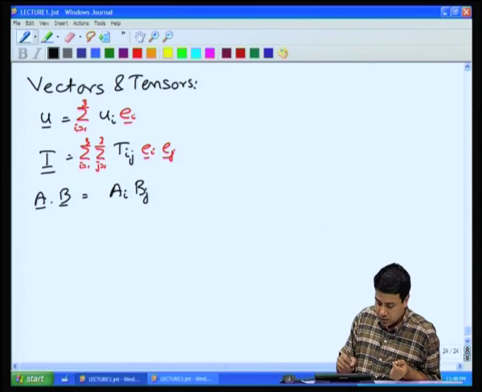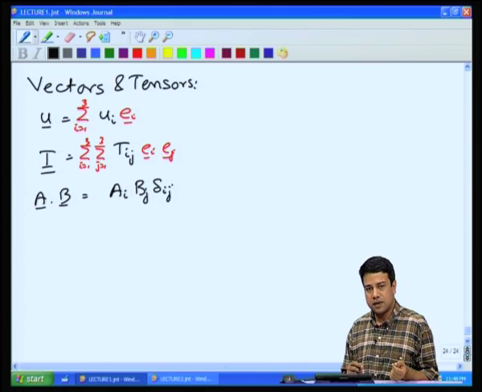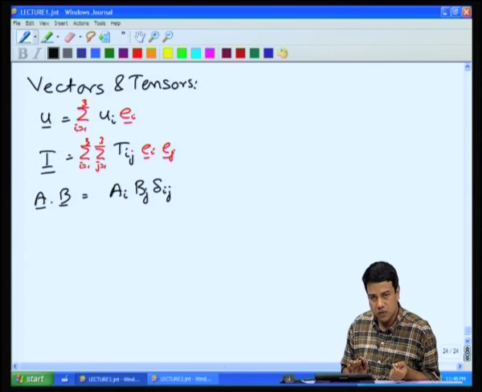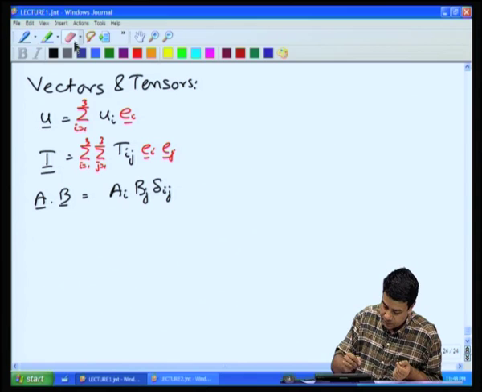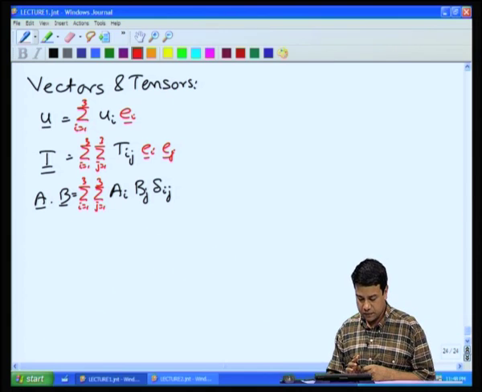These are two vectors and the dot product has the identity second order tensor in it, ai bj delta ij. In this case, there are two indices i and j which are repeated 2 times each. That means there are only 2 summations and there are no unit vectors, because each index is repeated 2 times.